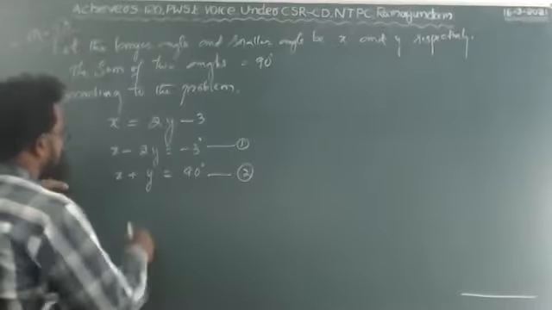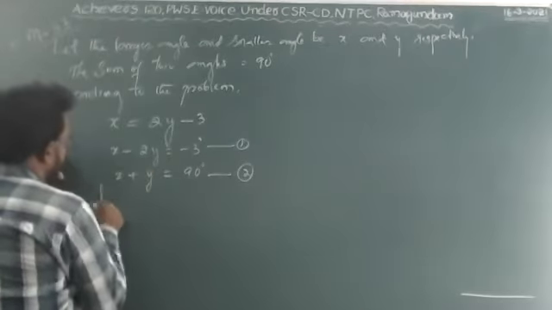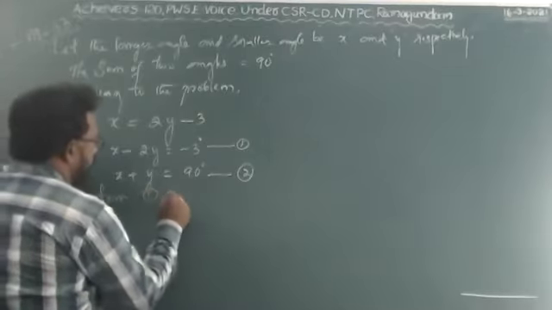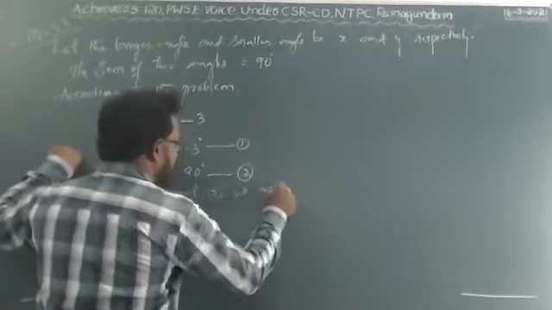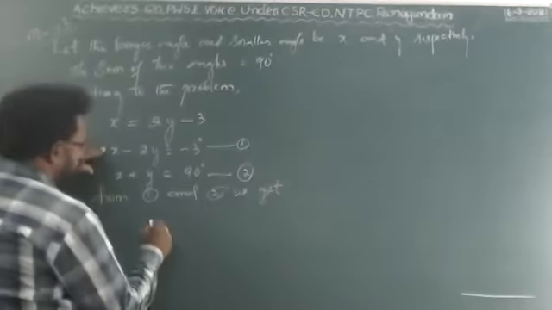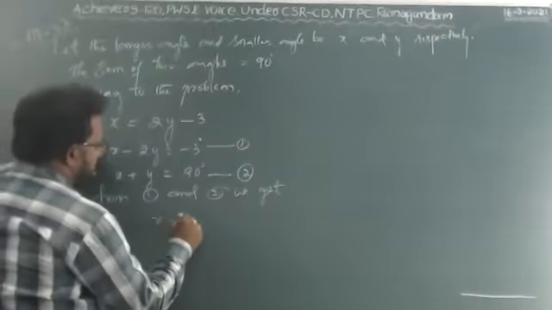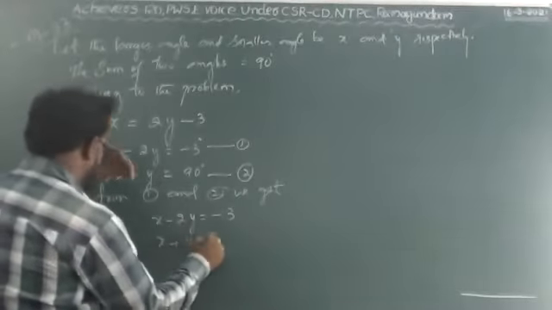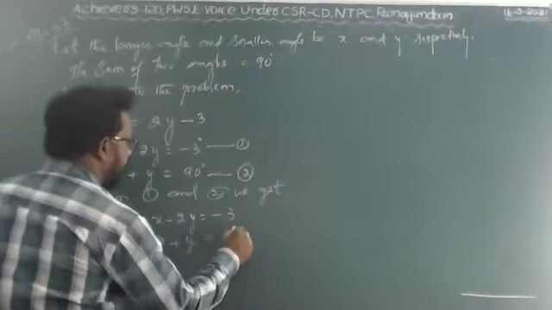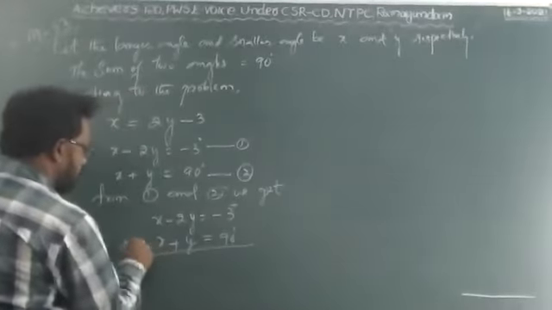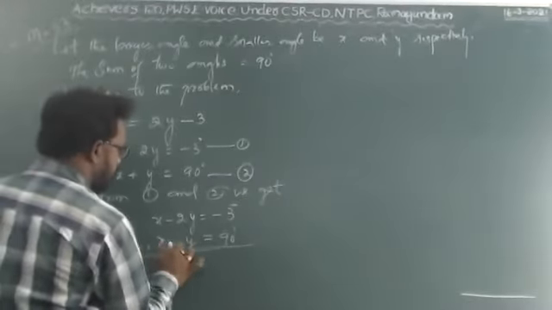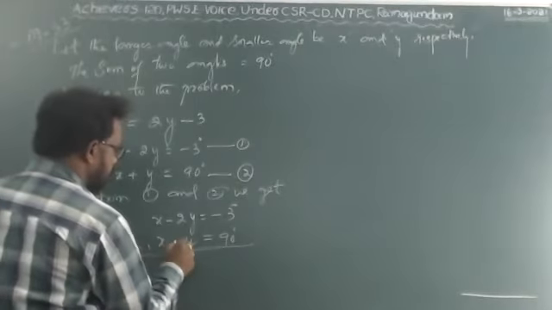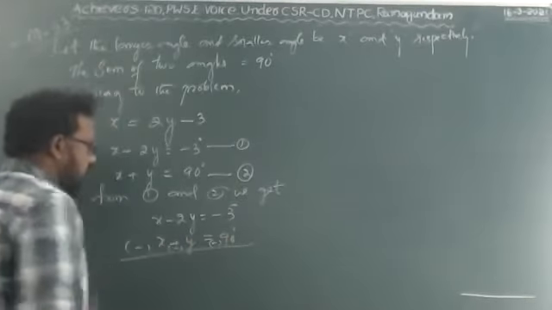So from 1 and 2 we get x minus 2y is equal to minus 3 and x plus y is equal to 90 degrees.